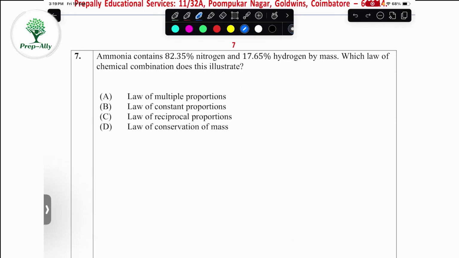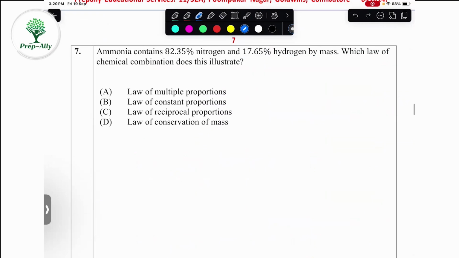Ammonia contains 82.35 percentage nitrogen and 17.65 percentage hydrogen by mass. Okay, they mentioned mass, and the answer options also have mass. Don't ever get confused by that. What is the law of conservation of mass? It is about conservation.